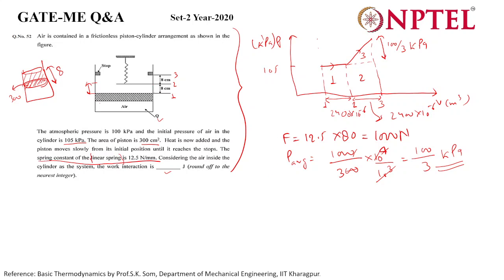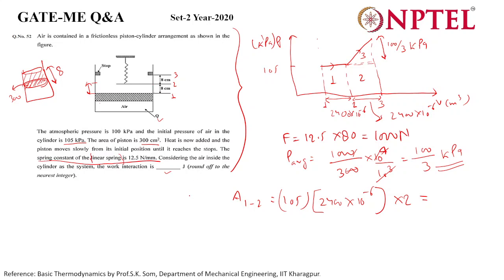For 1, this is the 105 kilopascal. So area of 1 to 2, simply we can write 105 into 2400 into 10 to power minus 6. This is also 2400 into 10 to power minus 6 because it is also swept to 8. So it would be 2400 into 10 to the power minus 6 into 2, because 2 times the same area, this and this.